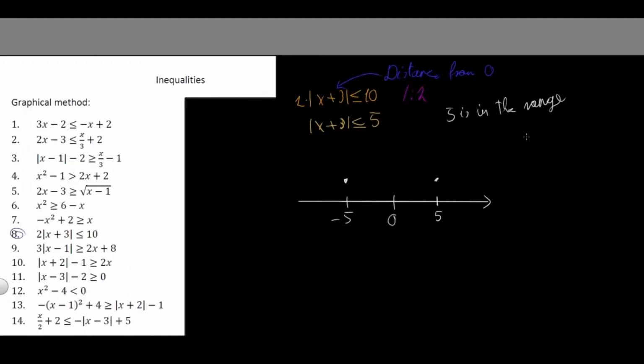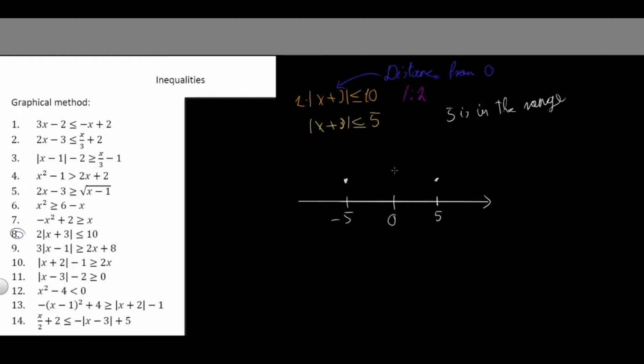Range, I mean the set of numbers that can be solutions. So yes, it means that the distance cannot be greater than 5.